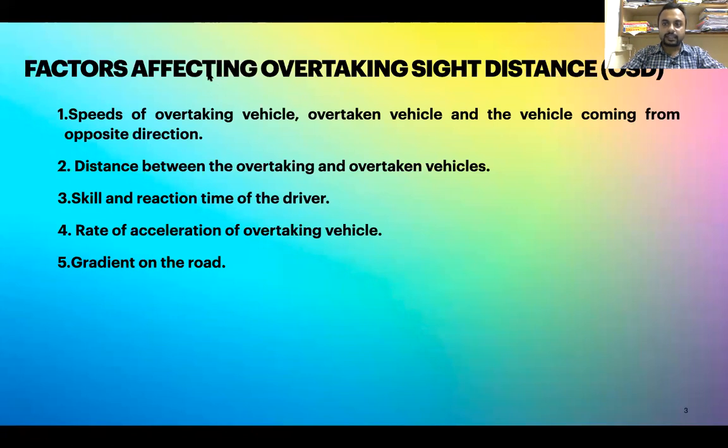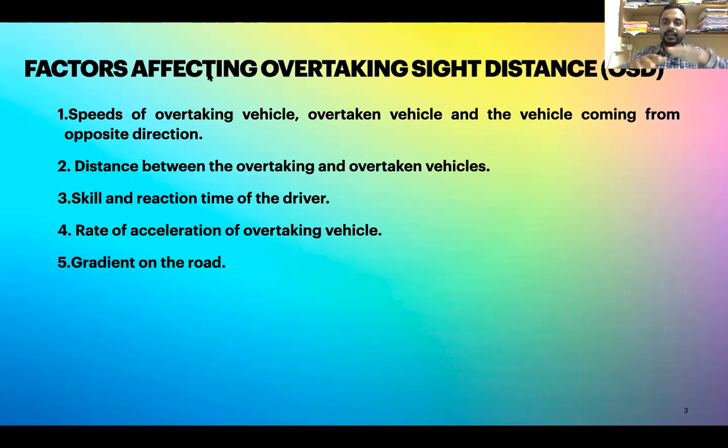Now, what are the factors on which the OSD, overtaking sight distance, depends? The most important factor is the speed of the vehicle which is tending to overtake, that is the overtaking vehicle. Next, the speed of the overtaken vehicle, that is the slow vehicle. And third, it will also depend on the vehicle which is coming from the opposite direction.